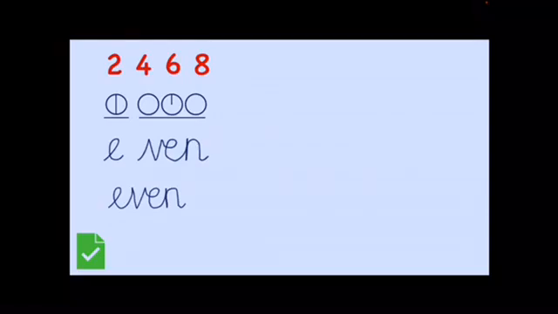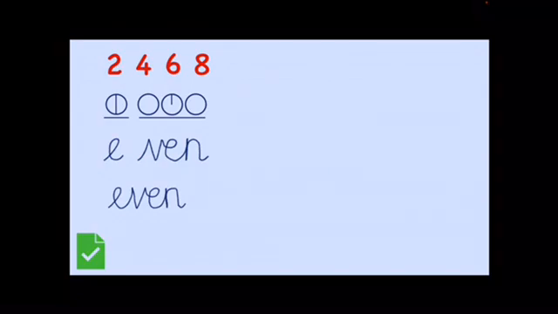And our next word is written with very similar letters, but we don't need a spelling language. It's the word event. And in this word we can hear the sounds that tell us which letters to write.